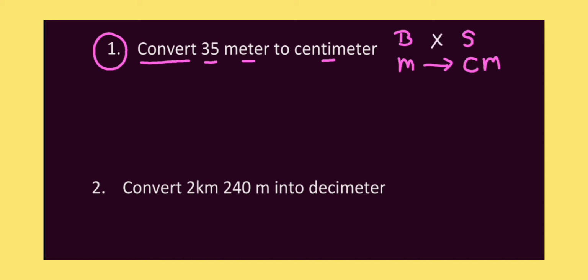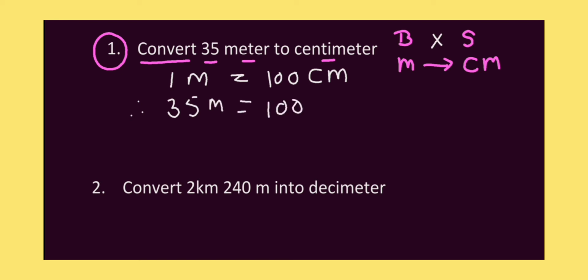Now we know the conversion formula. 1 meter is equal to how many centimeters? It is 100 centimeters. Therefore 35 meters is equal to how many centimeters? We have to take the unit, then multiply it with the number of meters which is asked, and here we are going to get our answer. And don't forget to put the unit.